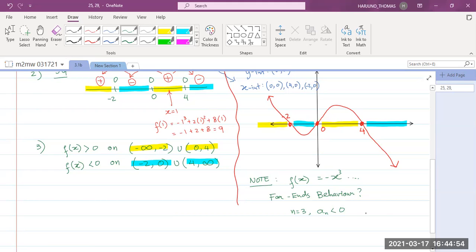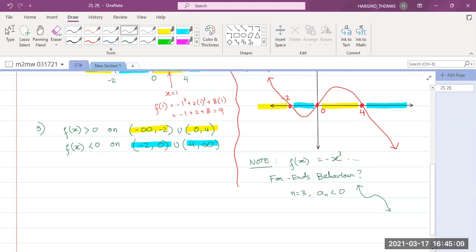If you memorize, then the graph's supposed to look like this. In other words, when you go to the far right, when x goes to infinity, the function goes to -infinity. If you go very, very far to the right, the y gets to -infinity.